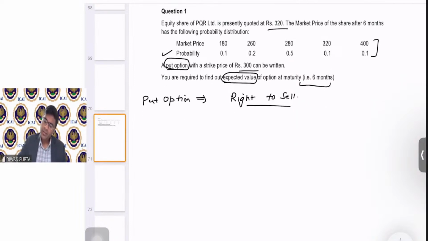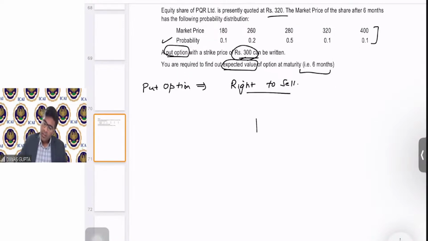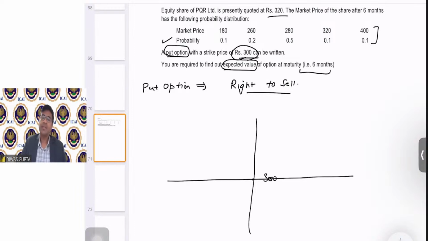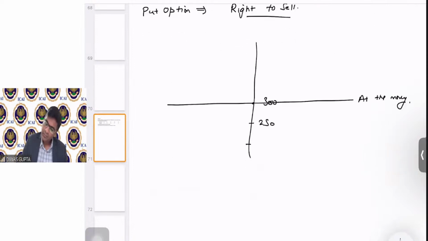Now, the strike price of this put option is 300, right? If you see, students, if the price becomes 300, this will be at the money, correct? And if it comes out to be lesser, then it is in the money.